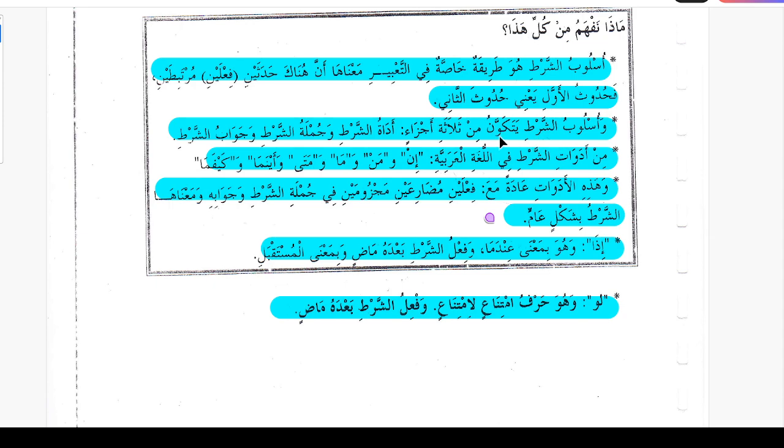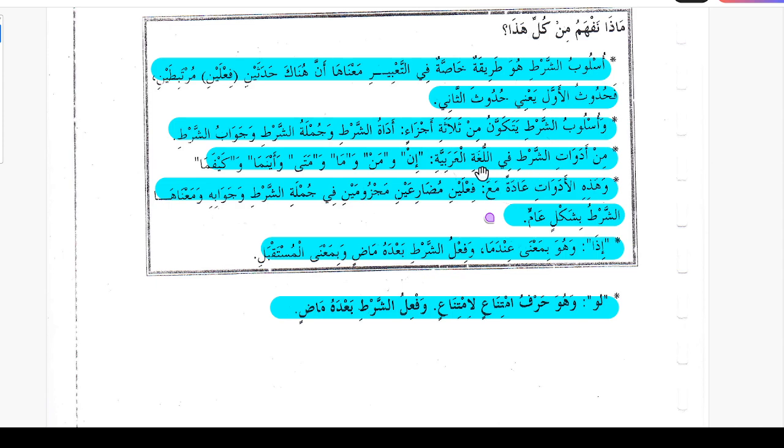The uslub al-shart consists of three parts: the tool of the condition, the jumlat al-shart, the conditional sentence, and the jawab al-shart, the answer of that condition.